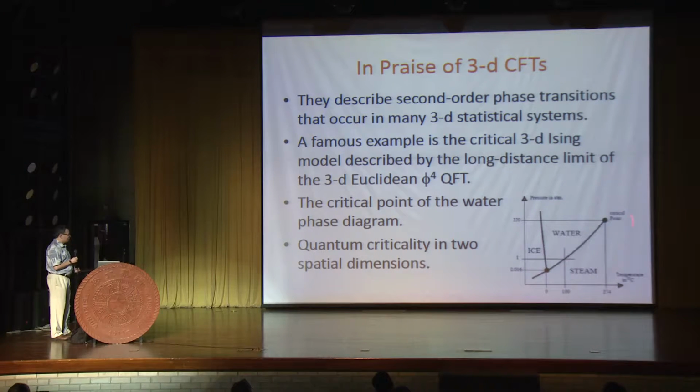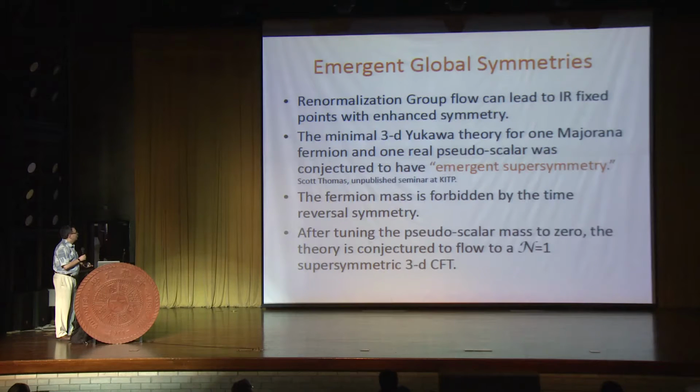And in addition to this three-dimensional statistical system, there are also quantum critical systems in 2 spatial dimensions, which may be more relevant to what I'm going to be saying later on.